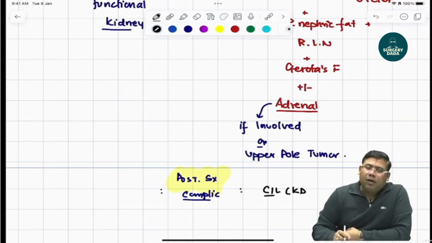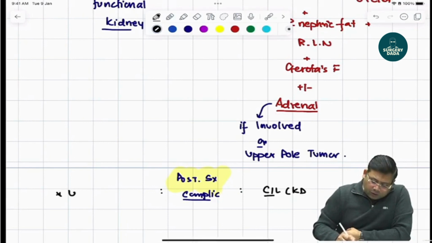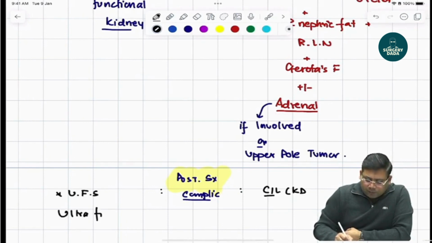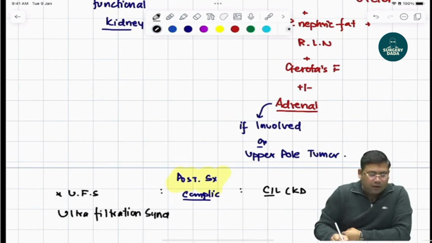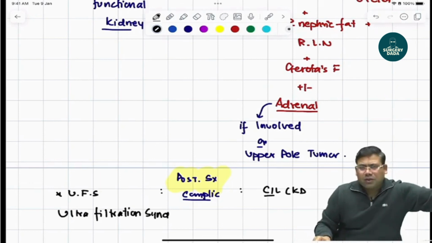So proteinuria will result in chronic hypoalbuminemia, and this is because of the loss of ultrafiltration function of the kidney, and that is what is known as UFS. What is UFS? Ultrafiltration syndrome. So this is the concept of ultrafiltration syndrome.